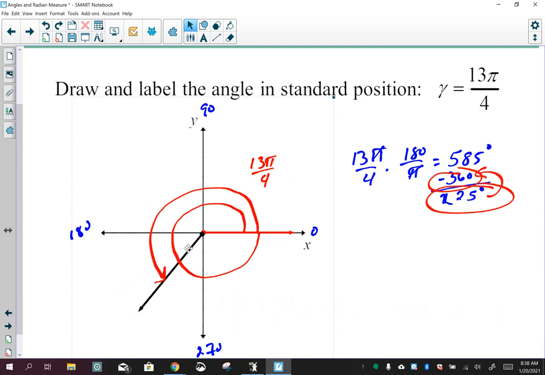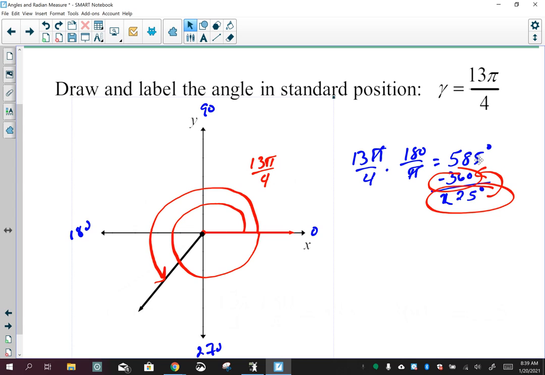Because even though this ending piece is 225 degrees, our drawing says we went around more than once. So 225 and 585 have the same ending position, the same terminal position. The only difference is going to be in the drawing itself.